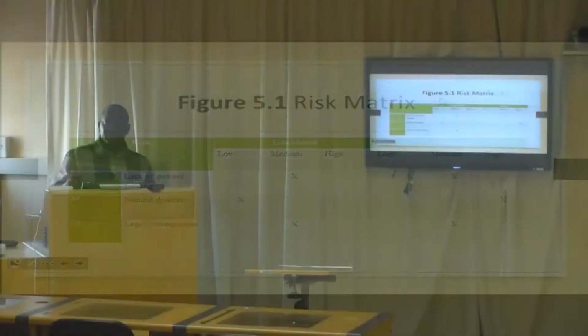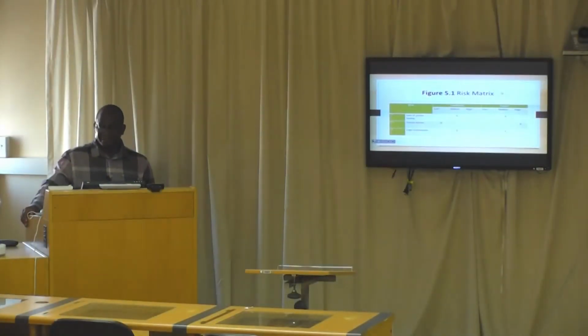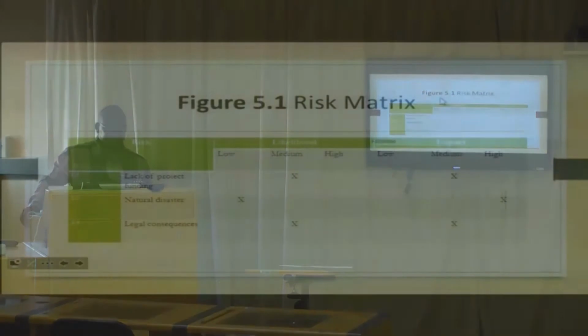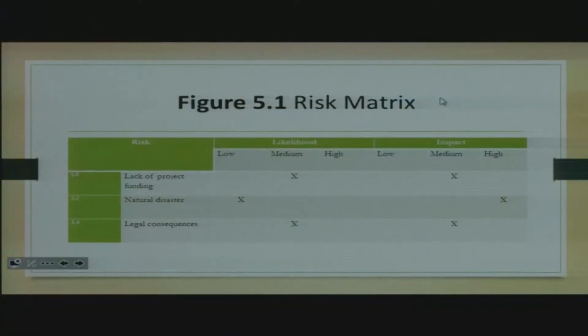Then the impact is going to be high. And lastly, activity 3.4, legal consequences for that particular activity. Because we don't have a WBS that relates to this risk matrix, we cannot really tell what that activity is as such.